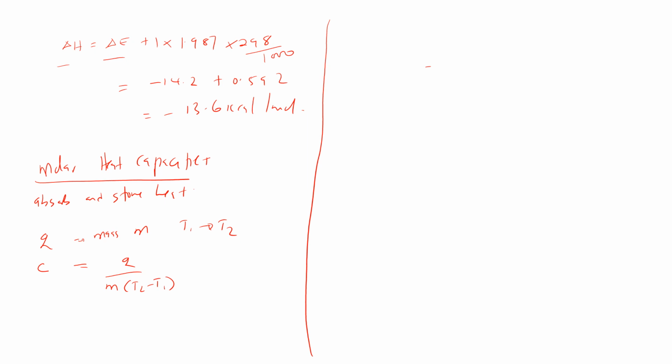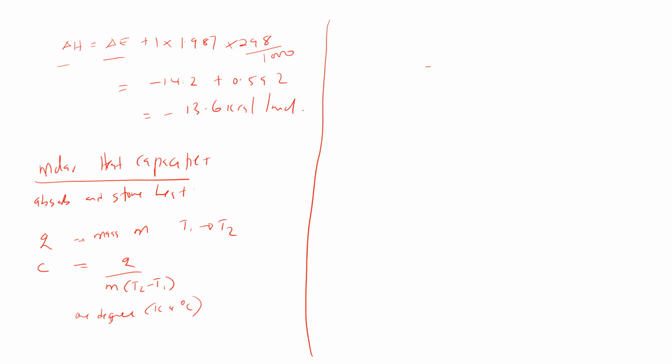And so the heat capacity of a system is the heat absorbed by a unit mass in raising the temperature by 1 degree, which is Kelvin or degrees Celsius, at a specified temperature.